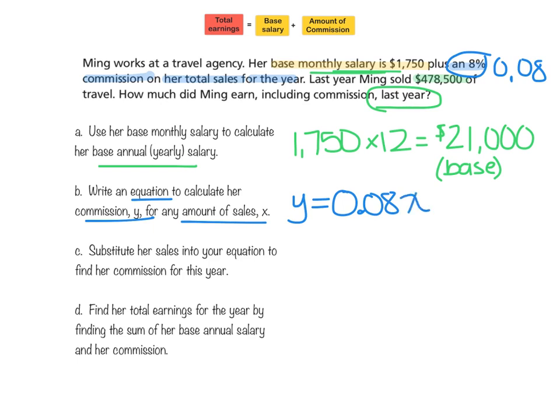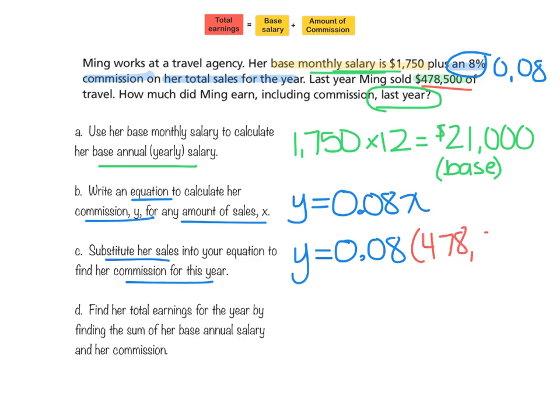Okay, now for part C, we're going to actually substitute in her sales to figure out what her commission would be for this year. So using our equation, remember Y stands for our commission, is equal to 8% of her sales for the year, and last year she sold $478,500 in sales.